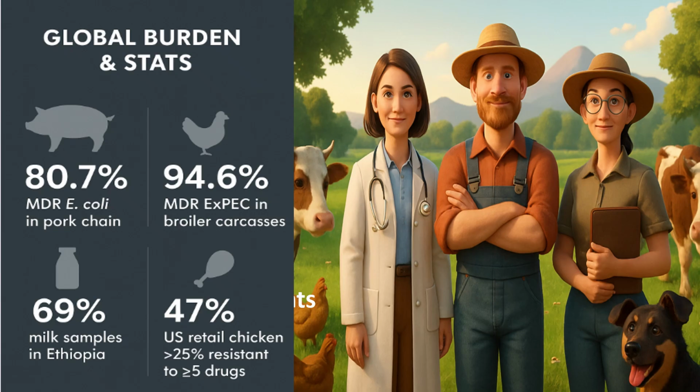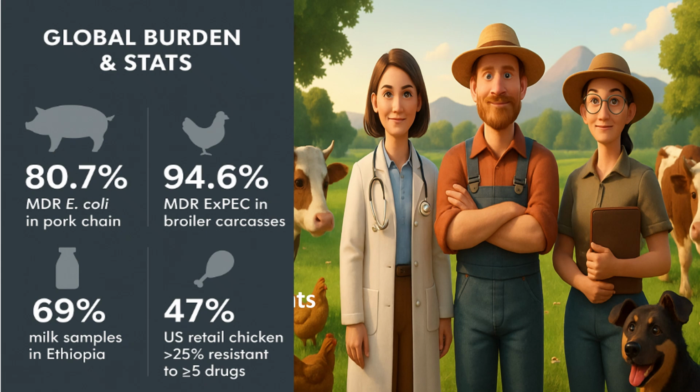Let us now look into some of the global antibiotic burden statistics. Some of the studies indicate that there is 80.7% MDR E. coli in the pork chain. Next in line is chicken.